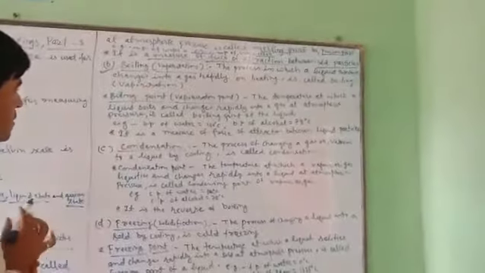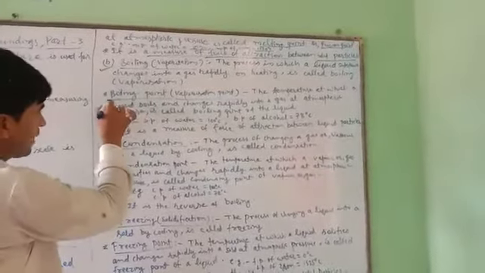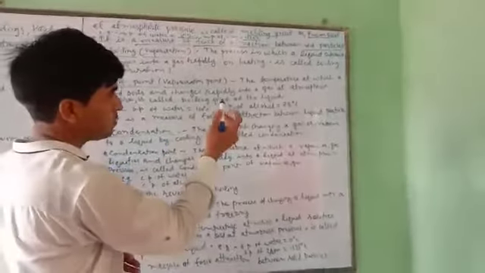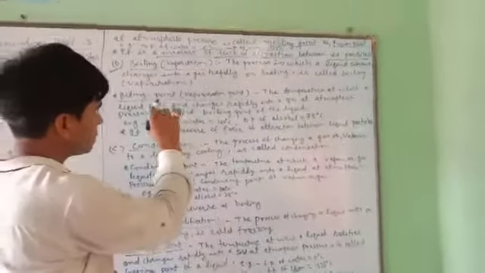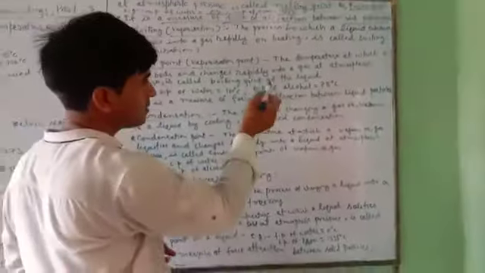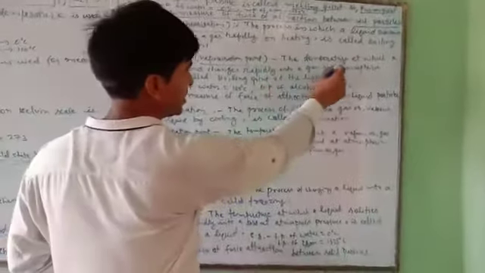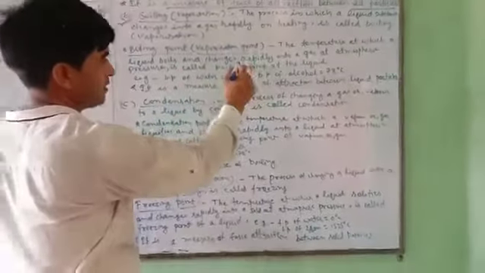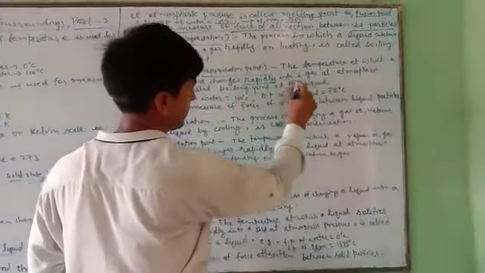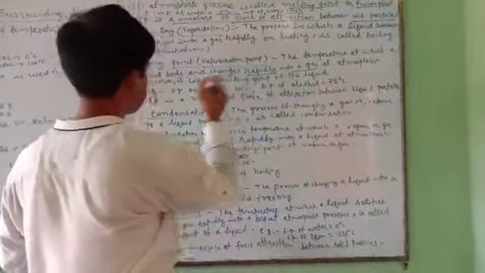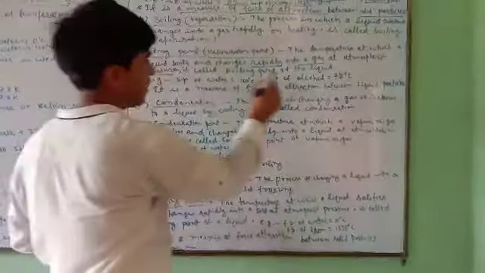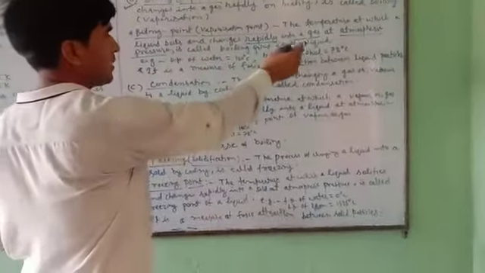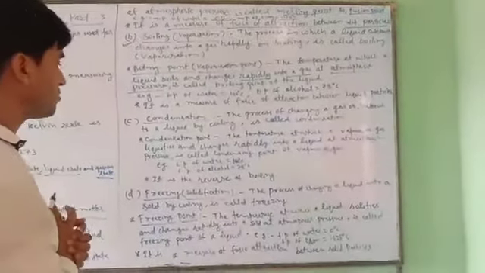What is the boiling point or vaporization point? This is the temperature at which a liquid boils and changes rapidly into a gas at atmospheric pressure or normal pressure. It's called the boiling point of the liquid.